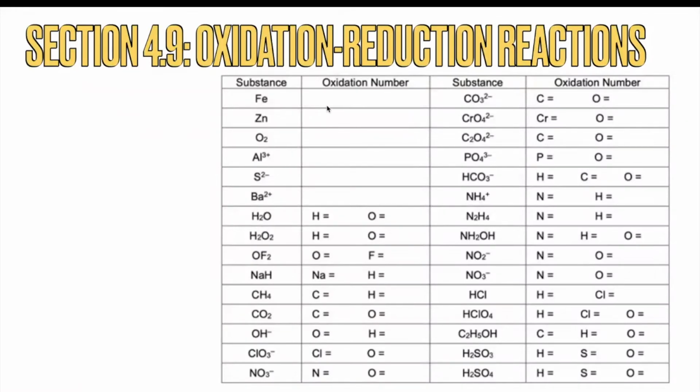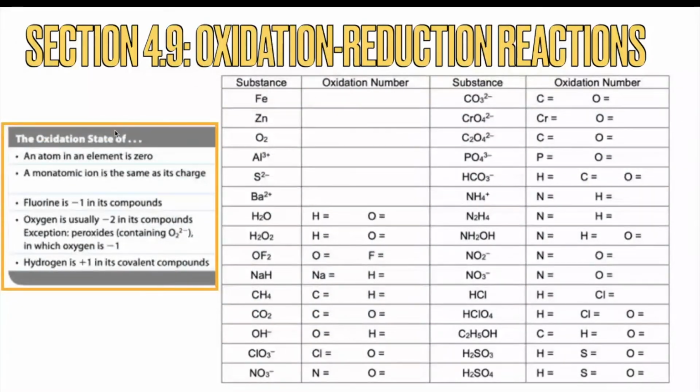Okay, so what we're going to do is use our oxidation state rules list in order to figure out what the oxidation number or the oxidation state of each one of these elements is. Some of them are standalone, some of them are ions, some of them are polyatomic ions, and some of them are just regular molecules or ionic compounds.